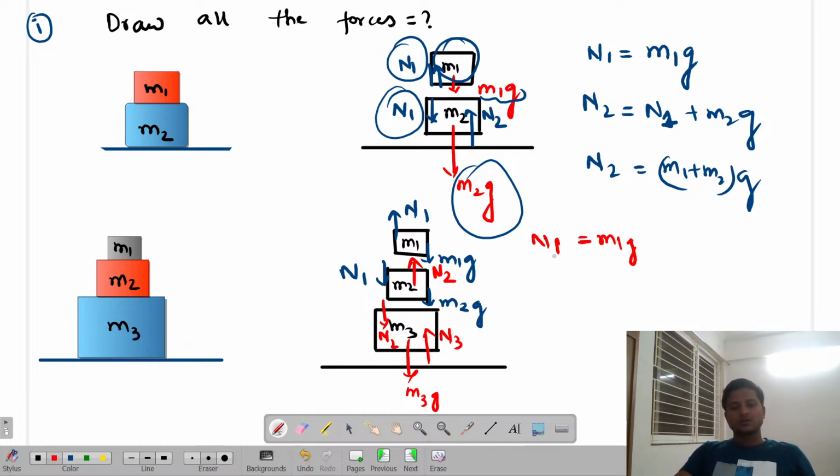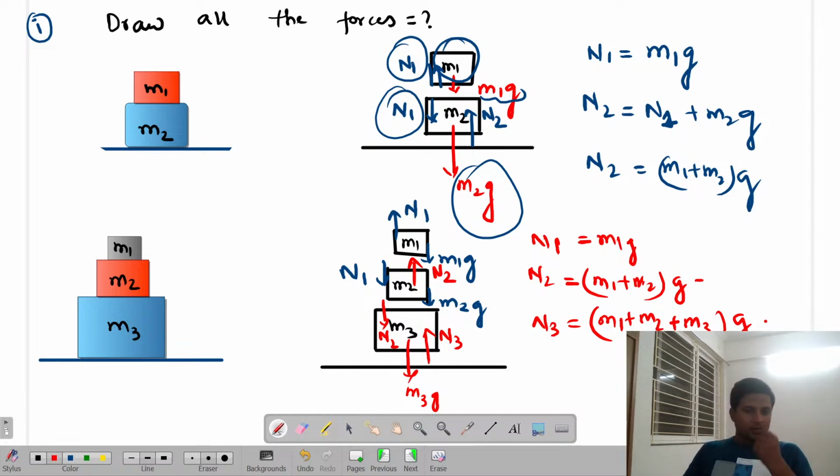M1g once again. N2 is equal to (M1 plus M2)g, and N3 is equal to (M1 plus M2 plus M3) into gravity g. This is going to be my equation, or not? Are you going to understand me? Okay, so basically these are some of the basic understanding.